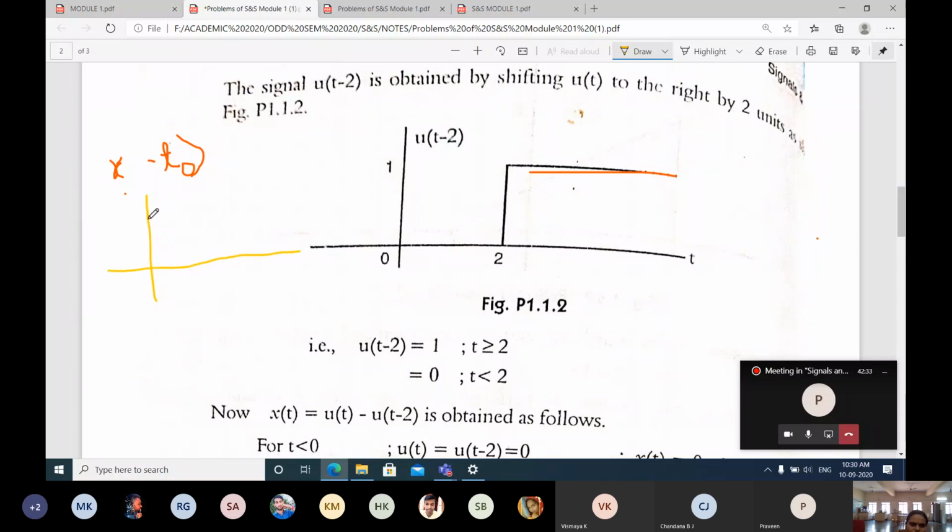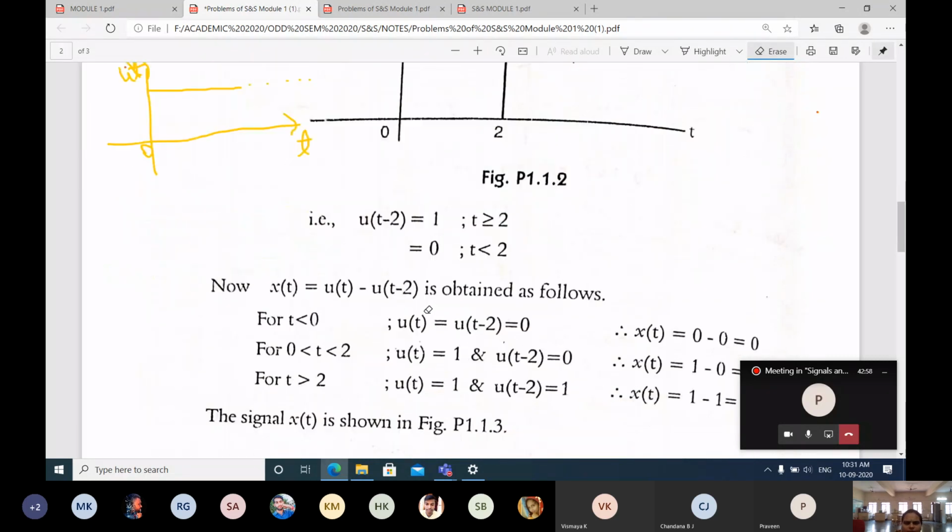Our unit step, that is u of t. This will be your u of t function. This is your t. Okay.